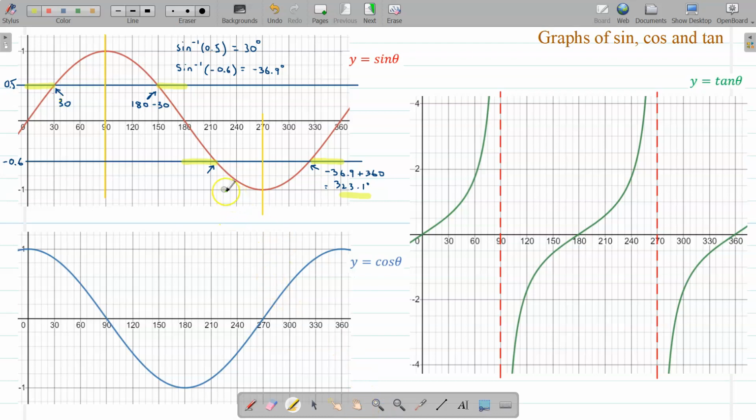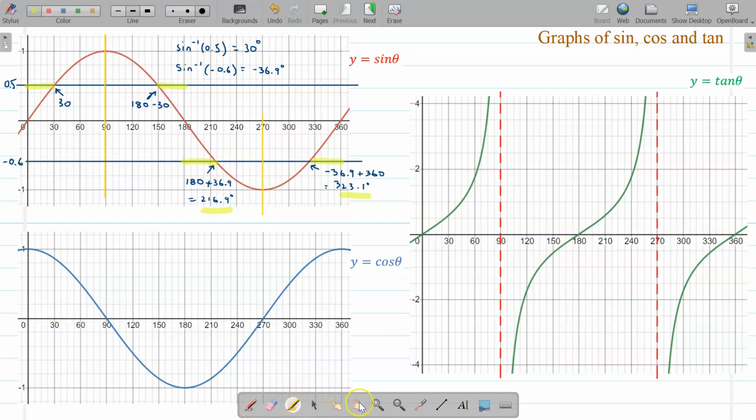So to find that point there, I need to do 180 plus 36.9, and that gives me 216.9 degrees to 1 decimal place. So we're finding angles in the range 0 to 360 that have a negative sine.